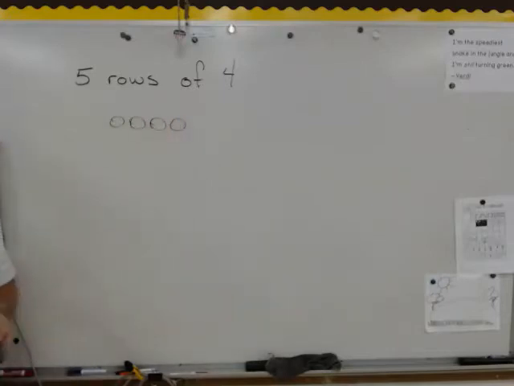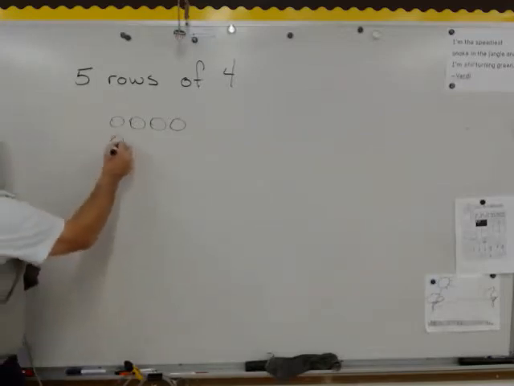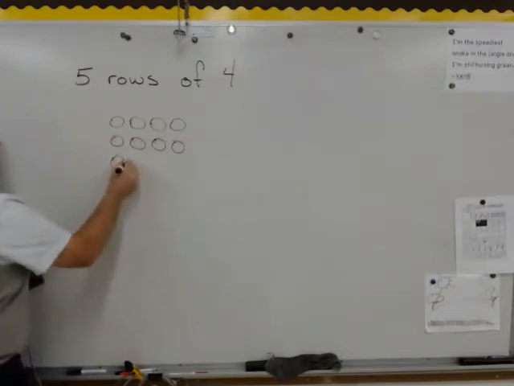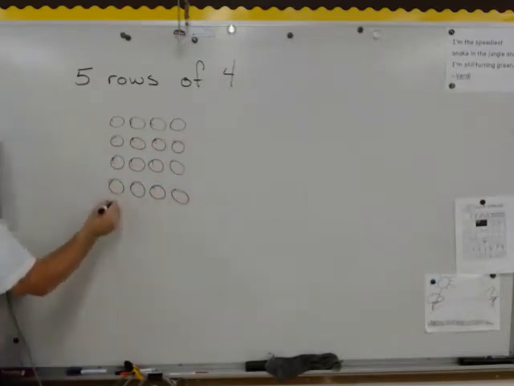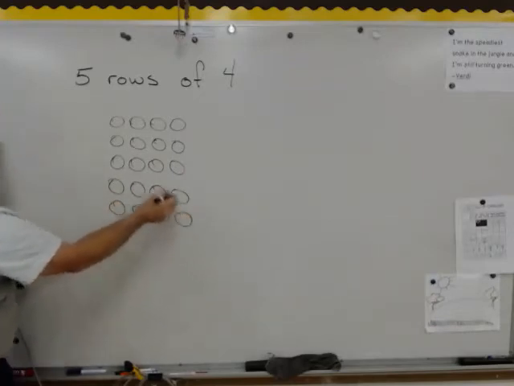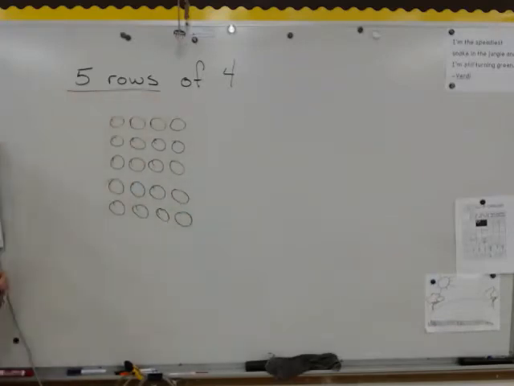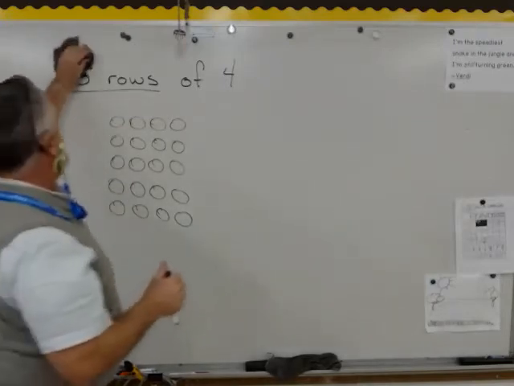Are there 4 circles in that row? Okay. How many rows do I need? 5. Oh. I thought you meant 5 in each row and 4 down. Nope. That's why it says 5 rows of 4. Okay? All right, let's do another one.